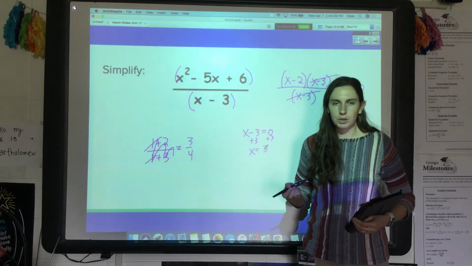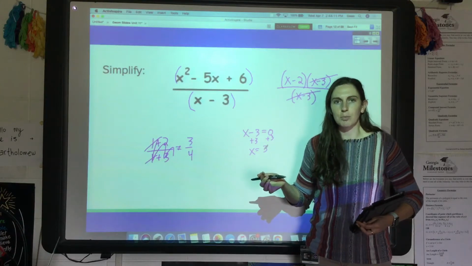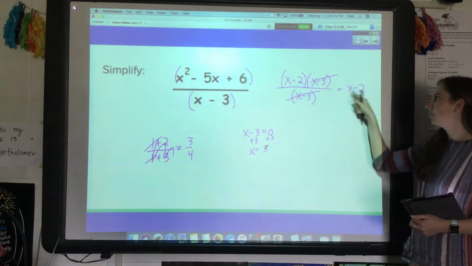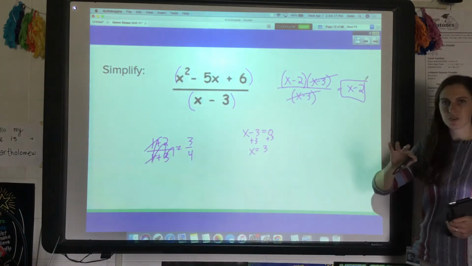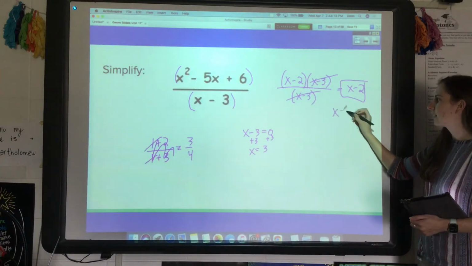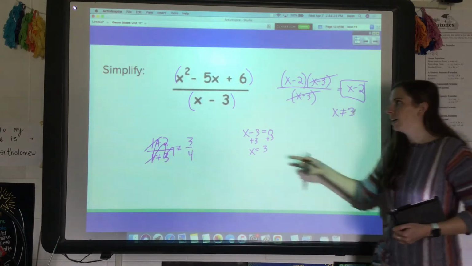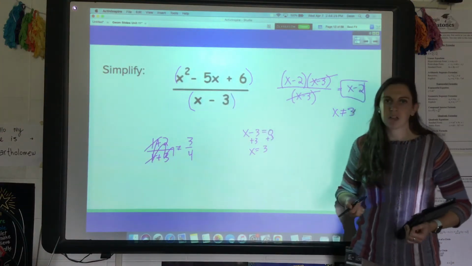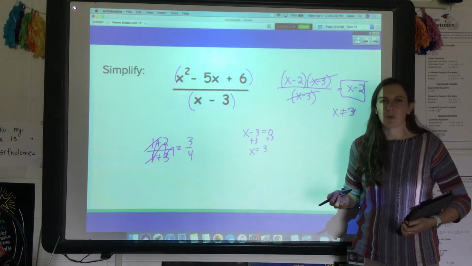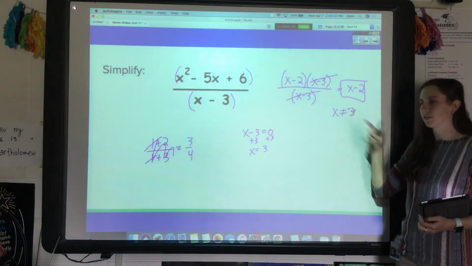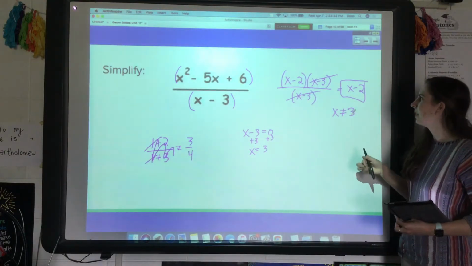So what we often do is we call this restricting the domain. I'm going to say, okay, this whole expression simplifies to this. However, side note, x can't be 3. Because if it were, then this expression would be dividing by 0, and we don't want that. So again, that's called restricting the domain. The domain can be anything but 3, so we're restricting it.